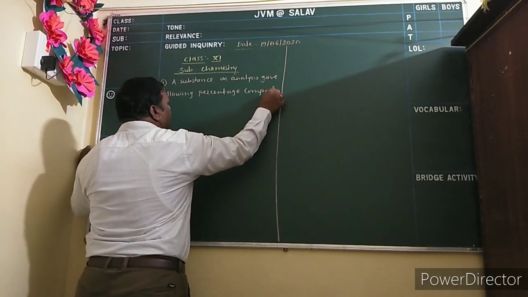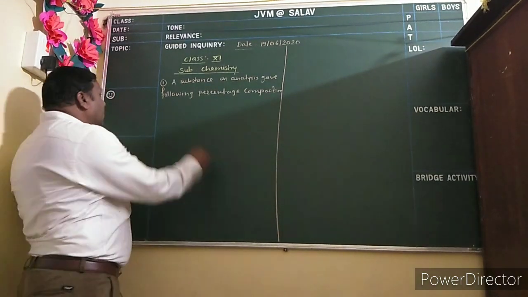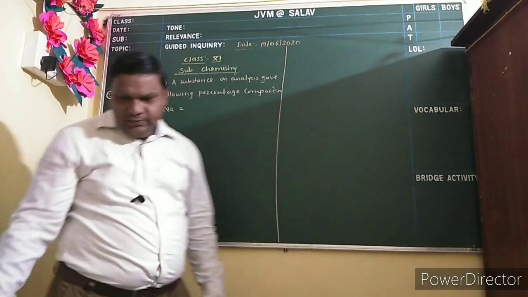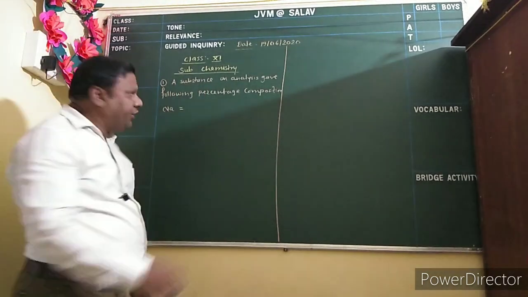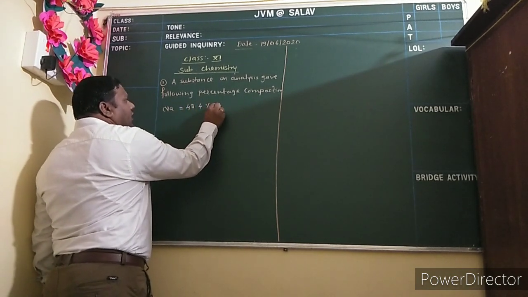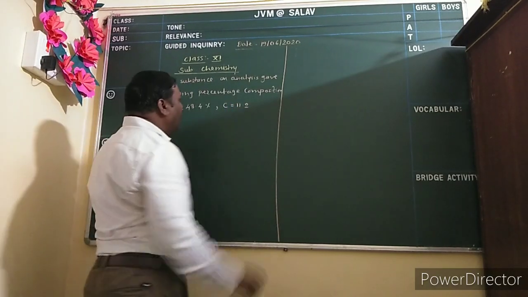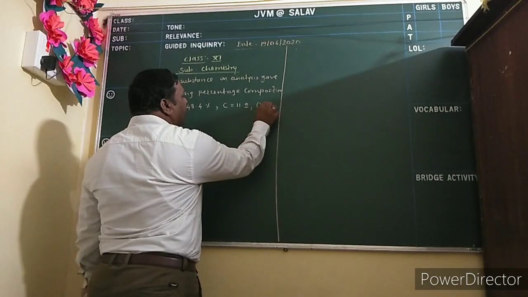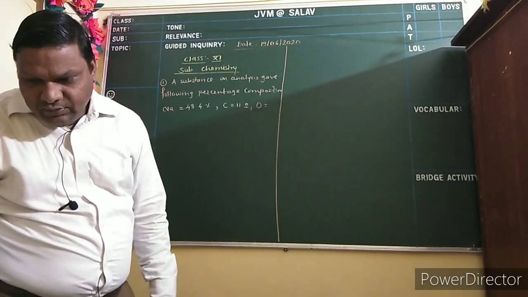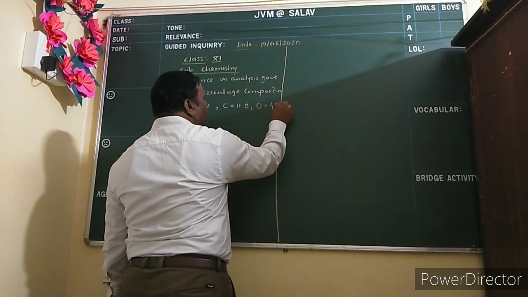Sodium is 43.4, carbon is 11.2 and oxygen is 45.3.